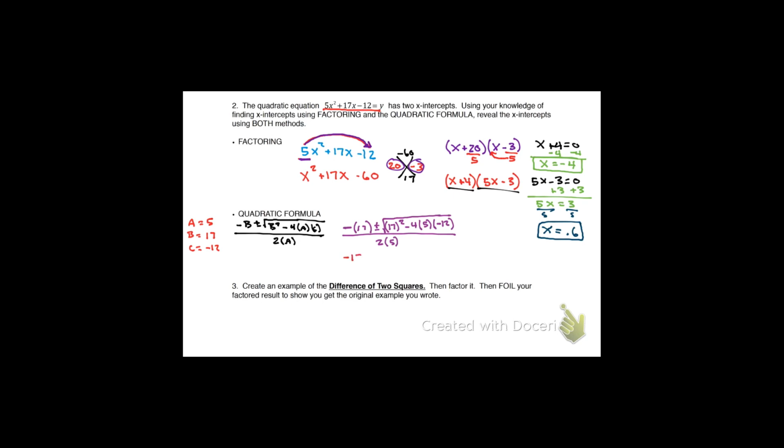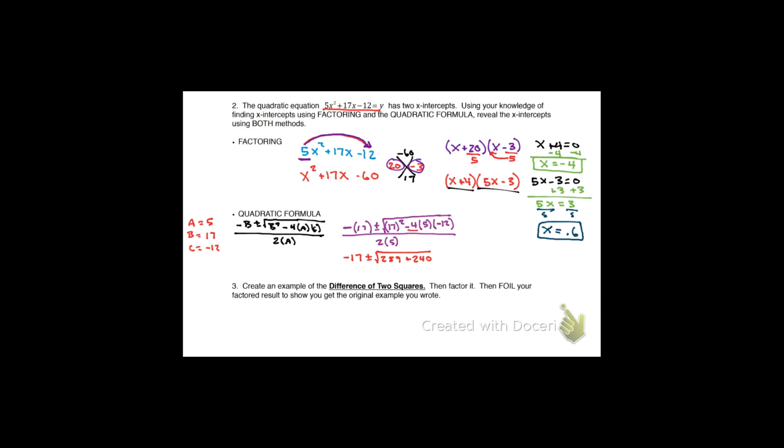We have -17 out in front, plus or minus square root. Let me pull out my calculator. 17 squared is 289. -4 times 5 times 12 is 240, and it's a positive 240, so it's plus 240, right?